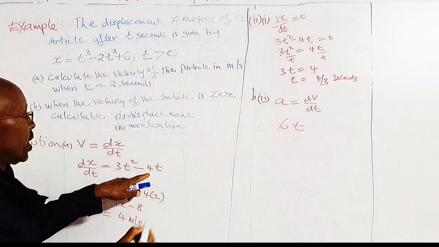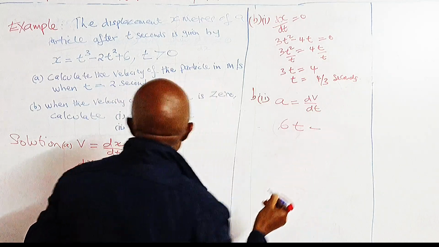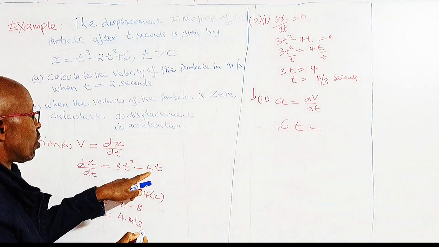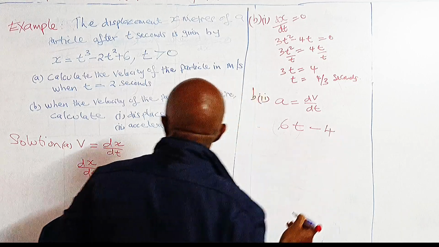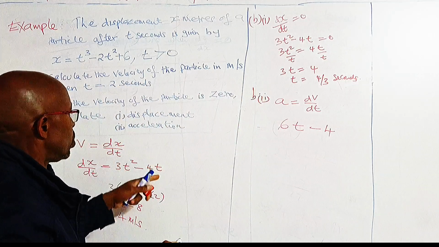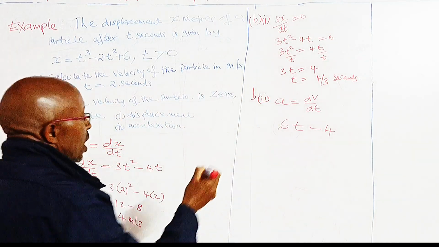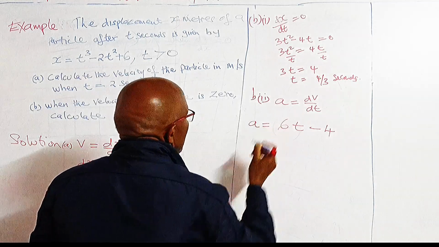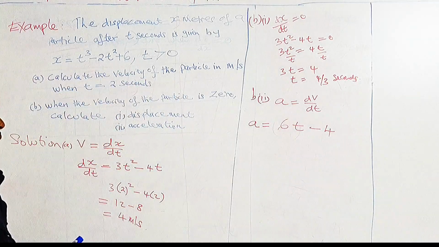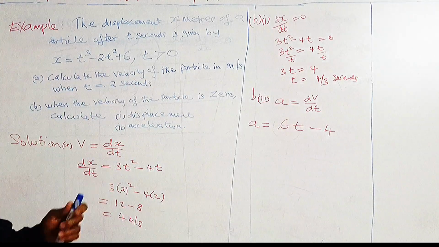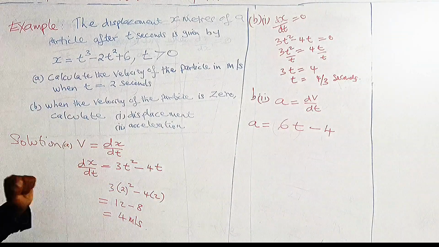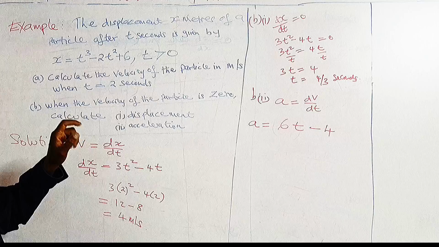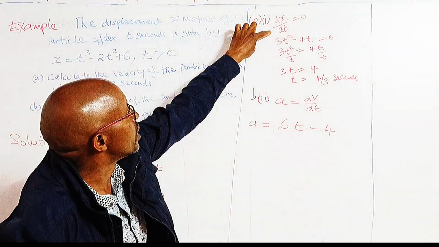Then we move to the next. Our power of t is 1, multiplied by the coefficient of t, which is 4. 1 minus 1 is 0, so t disappears. So we have acceleration as 6t minus 4. We want to get this acceleration when the velocity is 0. And when the velocity is 0, dx/dt is equal to 0.